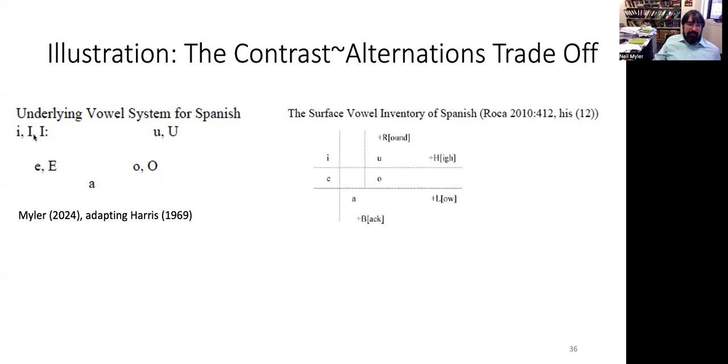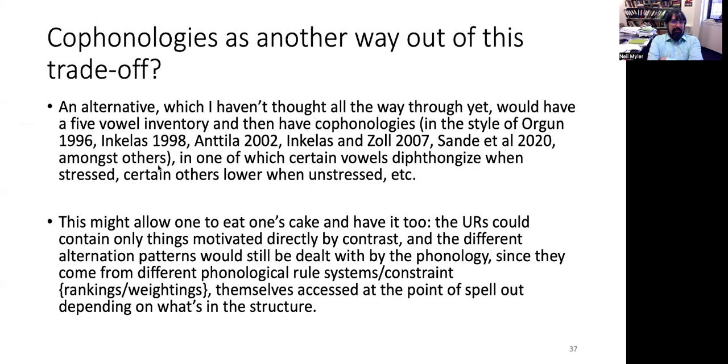So all of these capital vowels here get pronounced on the surface as either E, U, E, or A, or a diphthong, right? So it's in that sense a trade-off. It occurred to me as I was making these slides that there might be another way out of this trade-off that invokes cophonologies.